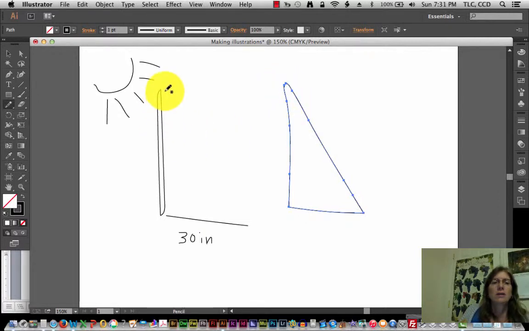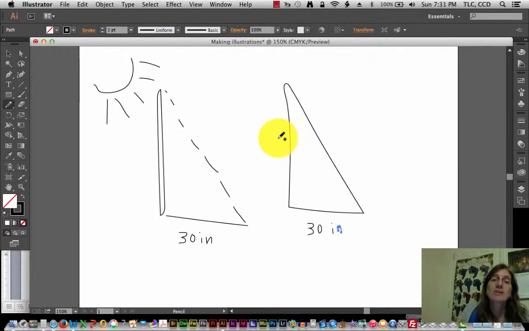You can create a triangle by putting an imaginary line down to the end of the shadow. Then you would put in your corresponding measurements for each of the pieces of the triangle that correspond to the pieces of the illustration.